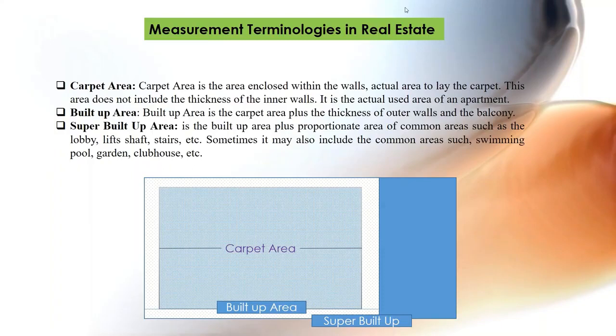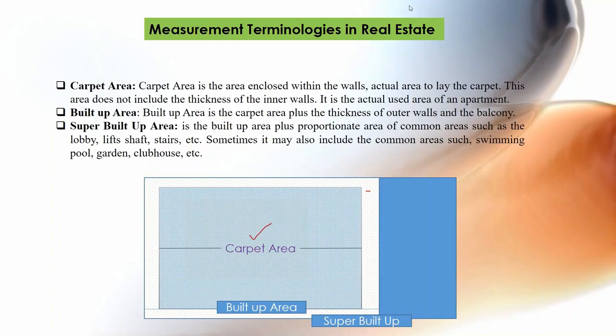Let's say the super built up area will be carpet area plus thickness of wall plus balcony area plus common area. So you can have different measurement types. Combined, you can show an addition of all these measurement types as a total measurement type. In the system you can define what your total measurement type will be.